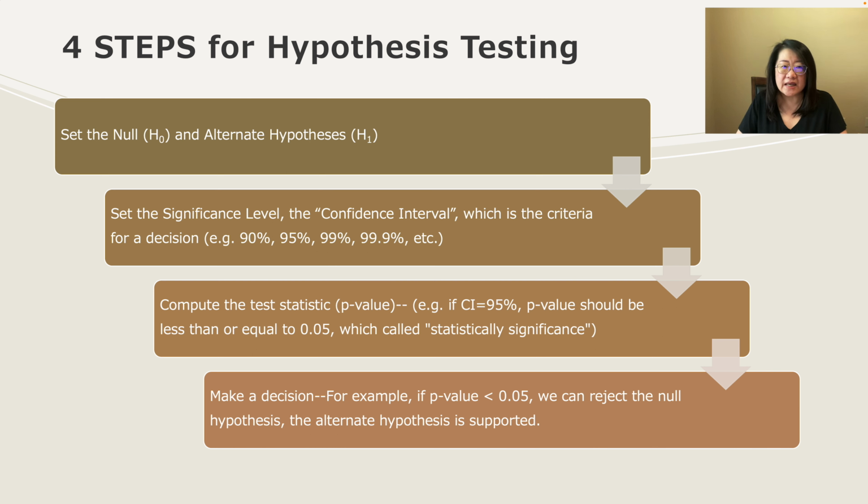So if you set alpha equal to 0.1, that means the confidence interval will be set at 90%. Or you can set it at 95% or 99% or 99.9%, etc.